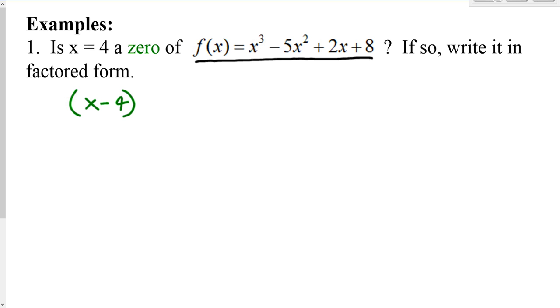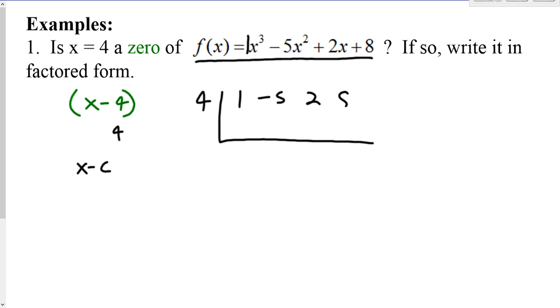I remember from synthetic division that I'm going to let this value be 4, because our general form is x minus c, so for synthetic division we just take the opposite of that. So we have 4, and we're going to divide by the coefficients: 1 there, -5 there, 2 there, and an 8.